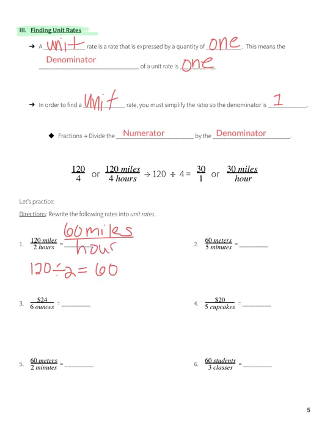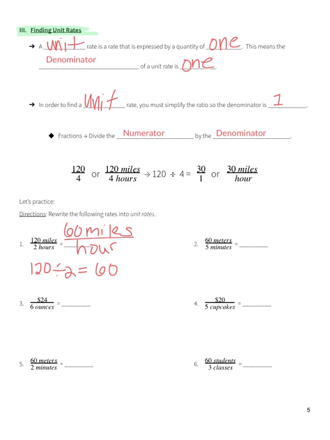Okay? The most important thing is you have to put the numerator in first. If you do 2 divided by 120, you're not going to get the right answer. 120 divided by 2 equals 60 miles per hour. The number on the bottom is the per 1.